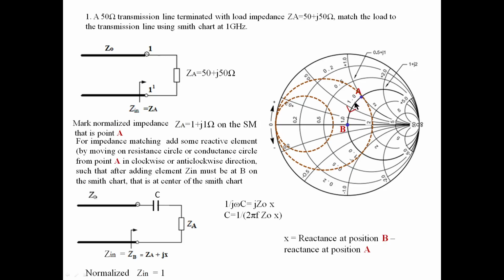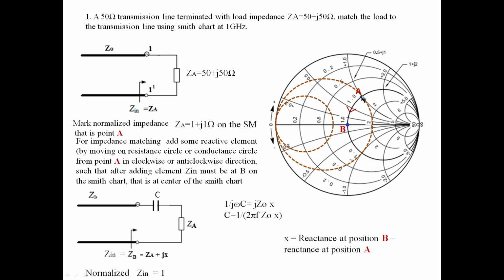That is because our resistance circle is passing through 1. See, in this particular problem, the load is on the R equal to 1 circle. See here, this is the R equal to 1 circle. We just moved on that to this point. That's why you reach the center of the Smith chart. The center of the Smith chart means R equal to 1.